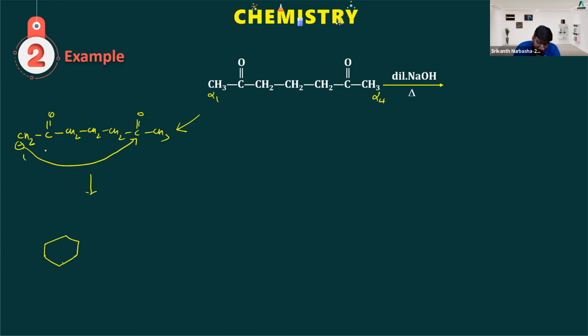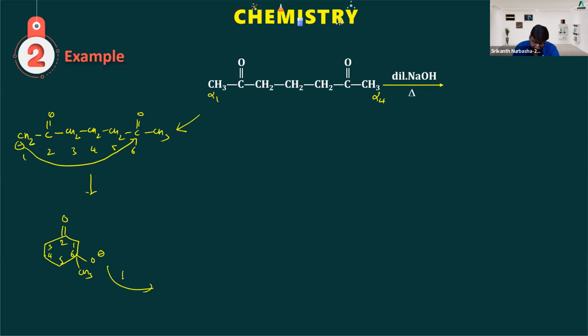Give numbering 1, 2, 3, 4, 5, 6. On the second position, you have C double bond O. Second is connected to first, first is connected to sixth. On the sixth, you have CO minus and CH3. 6 to 5, 5 to 4, 4 to 3.